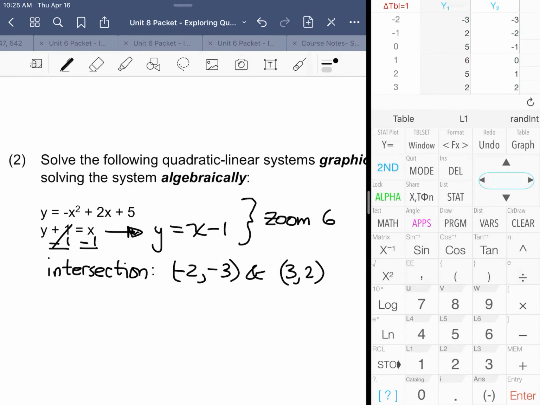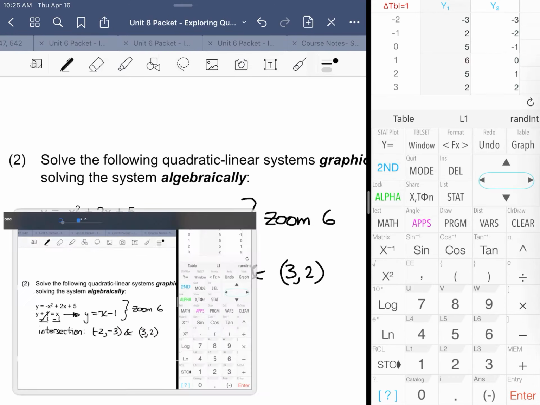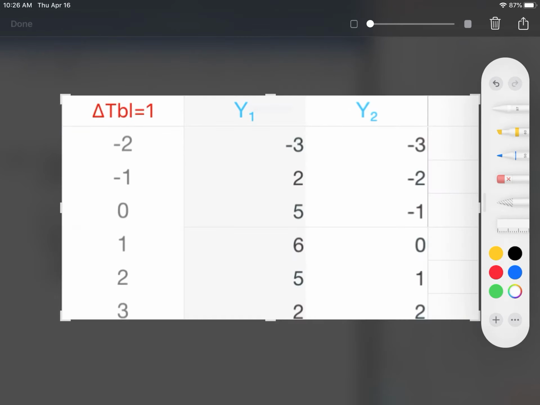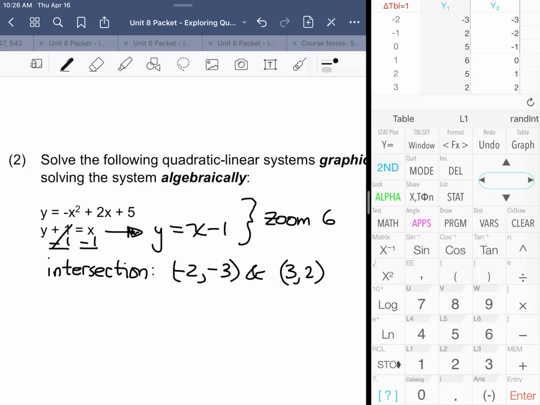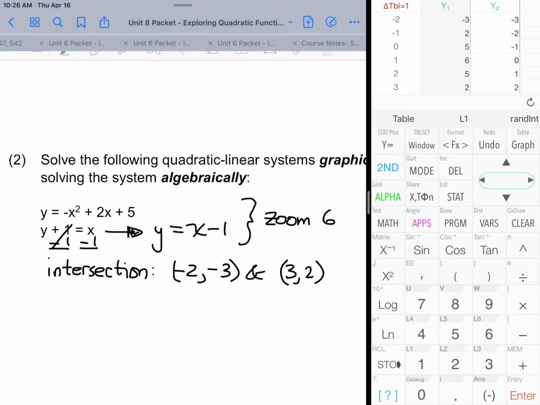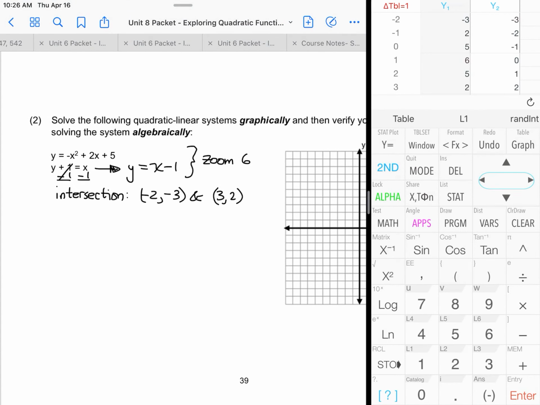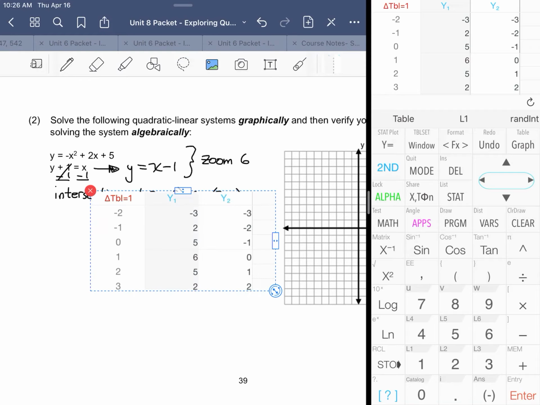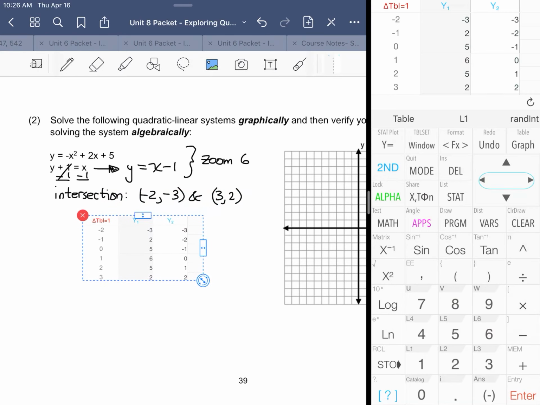All right, I'm just going to do a quick screenshot of that because I want to keep that table and use that to help me create the graph itself. I know what the graph looks like generally, but I need some points in order to come up with the graph itself. So let me pop that table in here so I can reference it, and I'll put my calculator back on the graph.